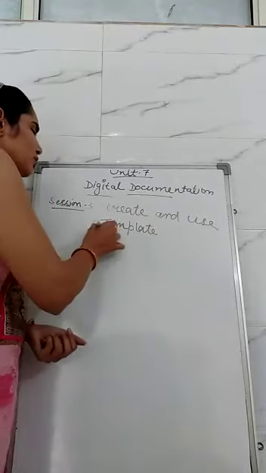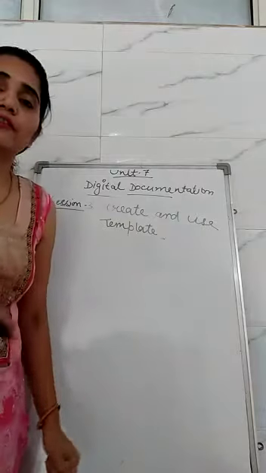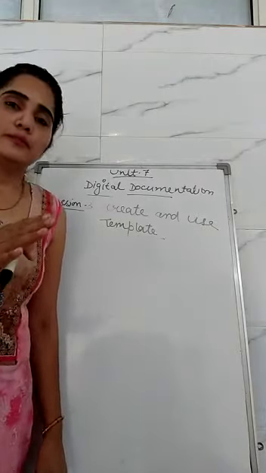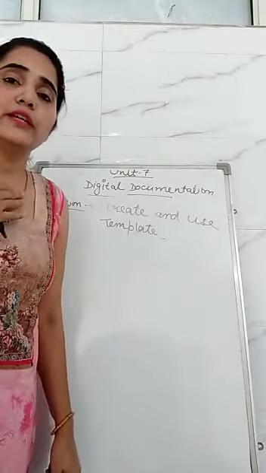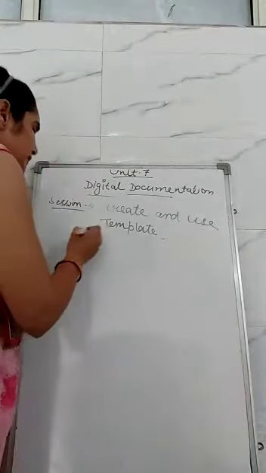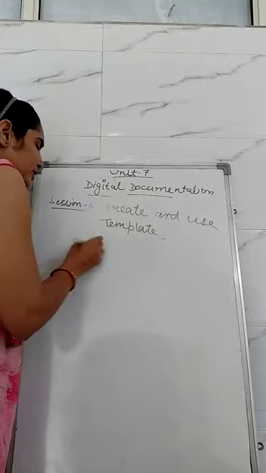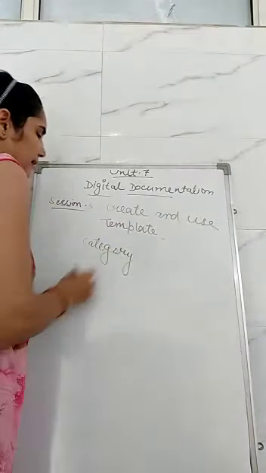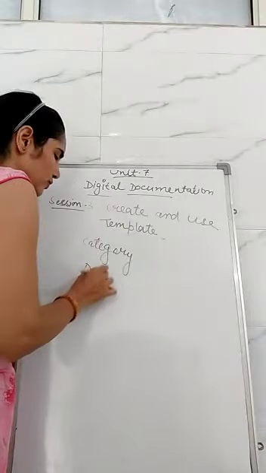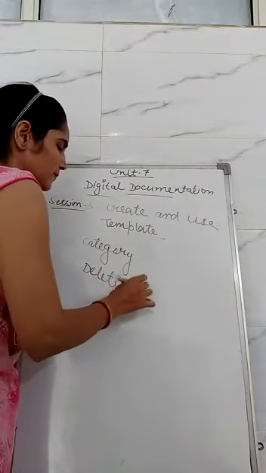Template means what? These are the predefined designs that are already in our LibreOffice Writer, and we can use them according to our requirement. And in template we can create different categories, and we can also delete a category.